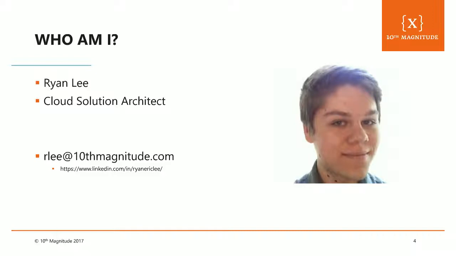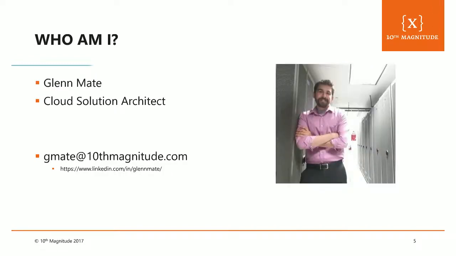Thanks, Ryan. A little bit about myself as well. My name is Glenn Mate. I'm also a cloud solution architect here with 10th Magnitude. My focus is really on empowering development and operations. I work very closely with software development lifecycle improvements, talking about a lot of the same things that Ryan mentioned: continuous integration, continuous delivery, infrastructure as code, containerization, and really driving business value through the IT organization and bringing those relationships together.